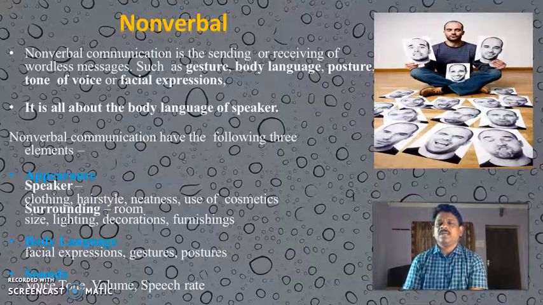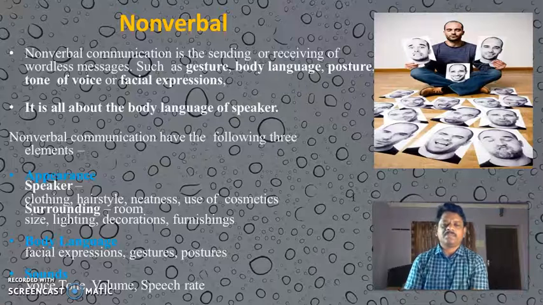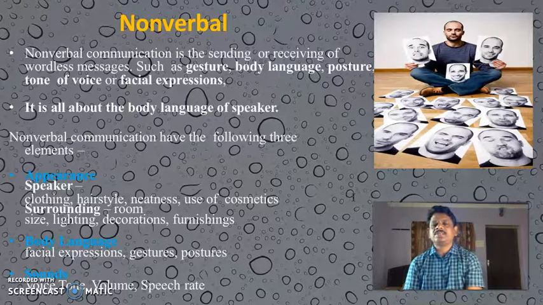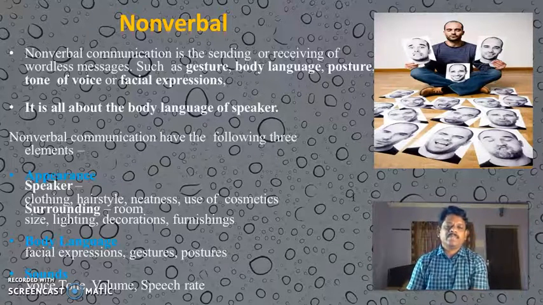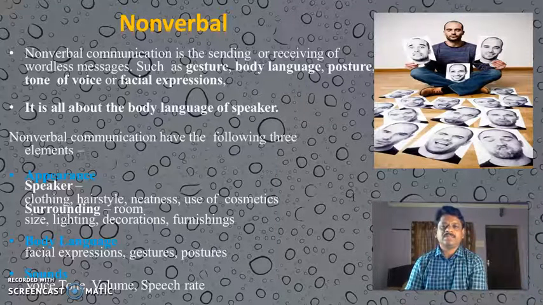One is appearance. The speaker's appearance is one important aspect. They say that dress is more important than address. What does it mean? Dress is appearance, and address is your verbal communication.